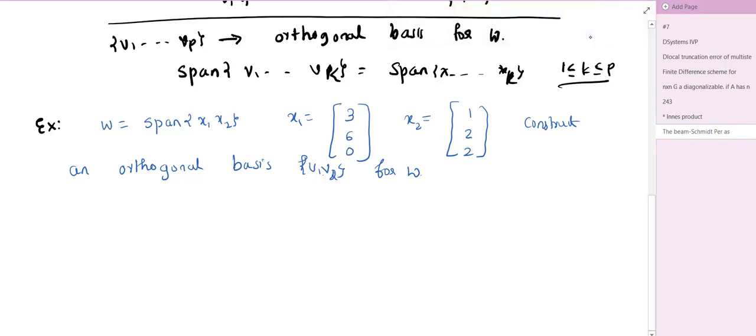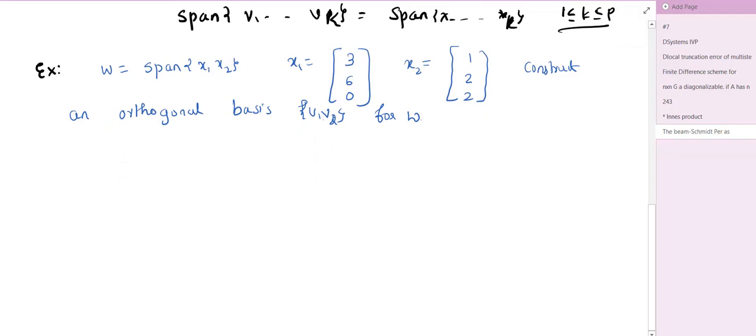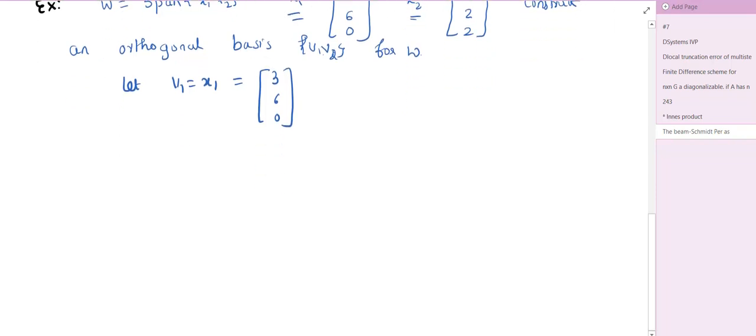So let's see how we do it. The first step is to let v1 equal x1. So v1 is equal to x1, which is given, that is (3, 6, 0). Because we have been given two vectors, we will get two orthogonal vectors. Now the next step is, we know that v2 is equal to x2 minus x2 dot v1 upon v1 dot v1 into v1.